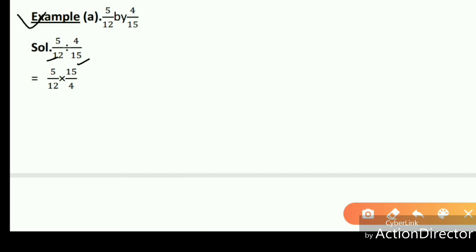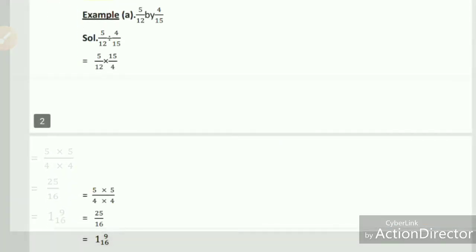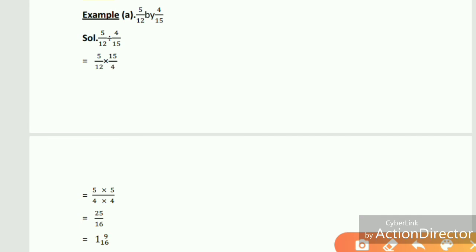So here first we write 5 upon 12, then the divide symbol changes into multiplication, and this 4 upon 15 is reciprocated and changes into 15 upon 4. Now this 15 and this 12 are divided by 3.